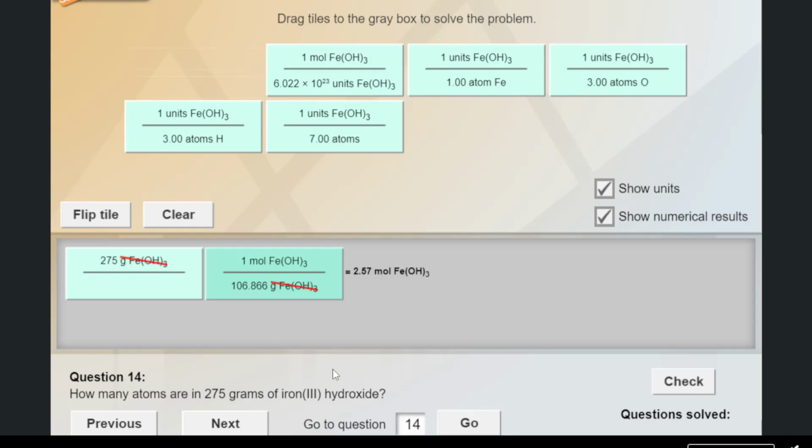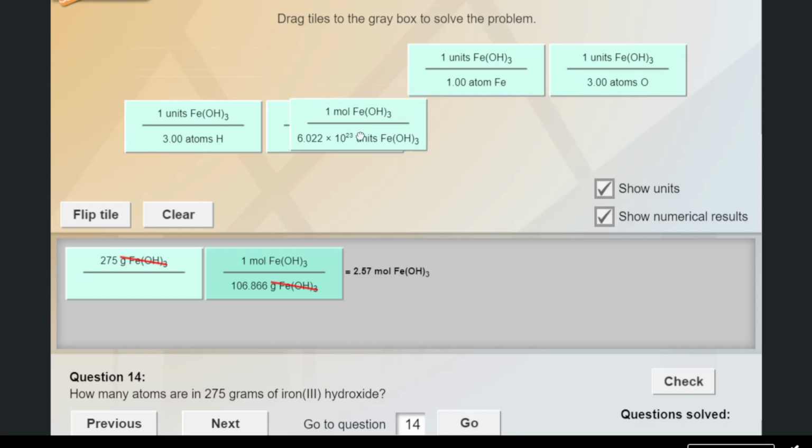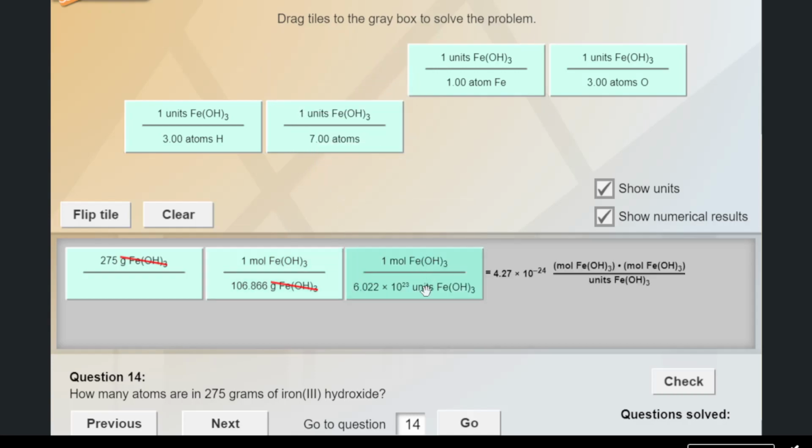So we need Avogadro's number. There it is. Moles on top, moles on bottom. We don't have moles on bottom, so we'll flip the tile. Moles on top, moles on bottom, cancels, and that gives you Avogadro's number on top.